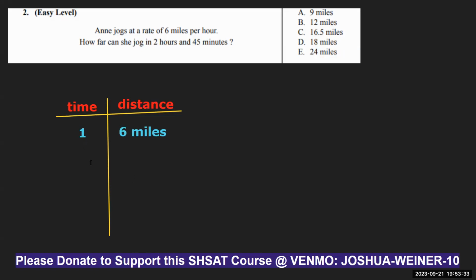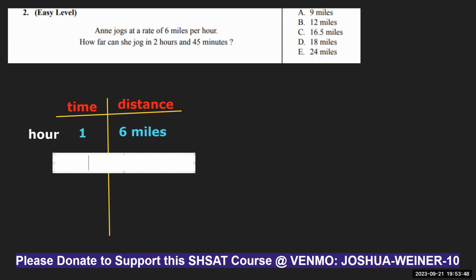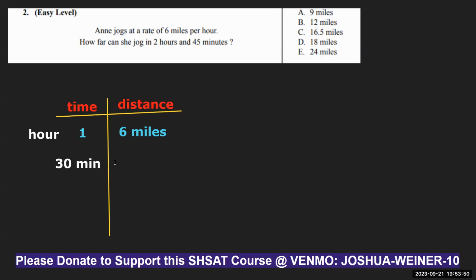If we know that there's 60 minutes in an hour, so that's what I'll do. I'll write that as an hour. But then if we want just 30 minutes, that'd be a half an hour. So she'd go half that distance, or 3 miles in that case.